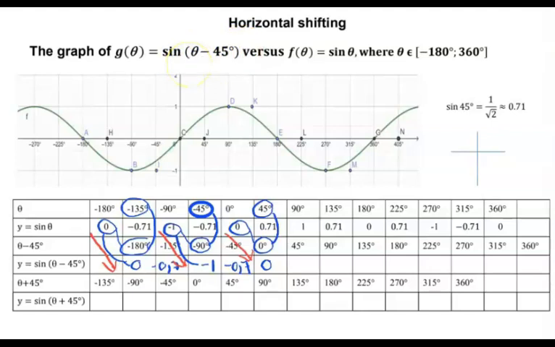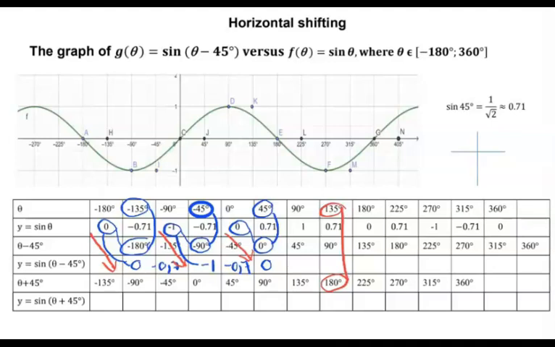So let us look now at when I have theta plus 45. I'm just going to move to that side now to explain that. If I take, for instance, 135 degrees and I add 45 degrees, then I will get 180 degrees.